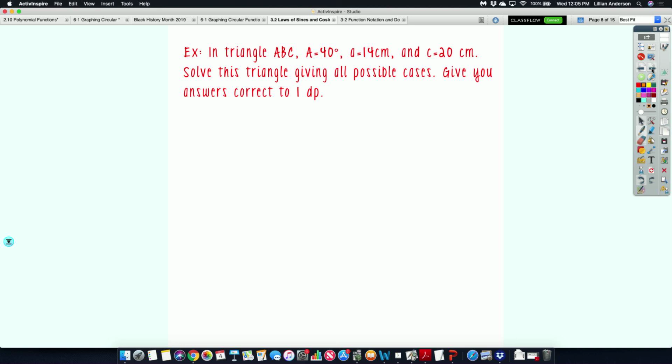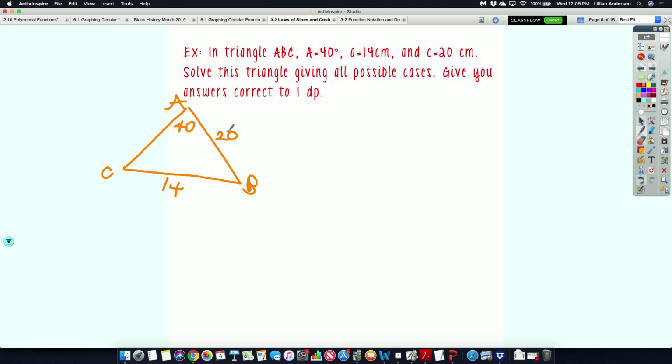And right off the bat, you should think, I definitely need to check for the ambiguous case here. I am just going to draw one triangle for now so that I can have the visual. 40 degrees for angle A, 14 for side a, and 20 for side c.